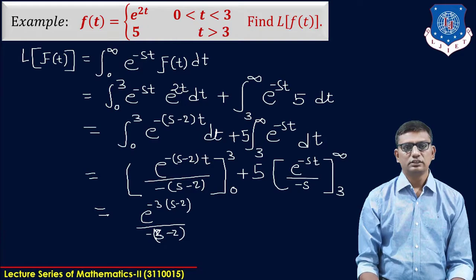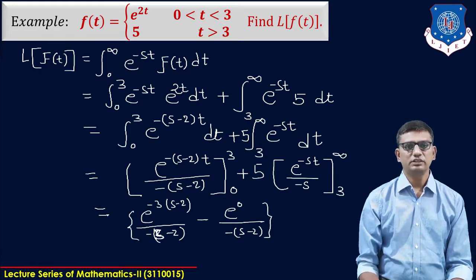and the lower limit will be minus e raised to 0, which is 1, upon minus (s minus 2), which is our first integration limit, plus 5 times, where e raised to minus infinity is 0, so the upper limit will be 0, minus the lower limit e raised to minus 3s upon minus s.